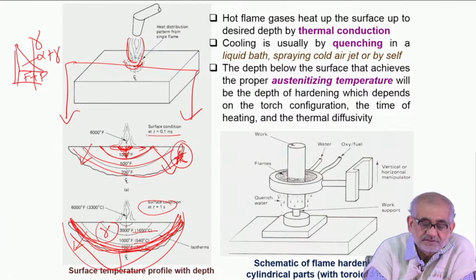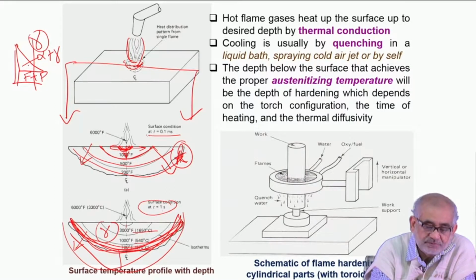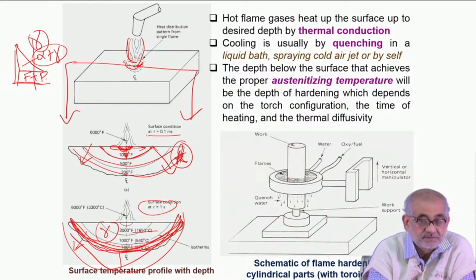So if this is the composition, from the surface, a portion below the surface will go into single phase gamma, a portion below that will be ferrite plus austenite, and then finally you'll also have a certain depth which will remain as only a ferrite pearlite combination.